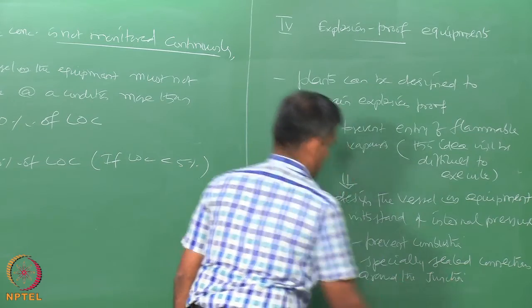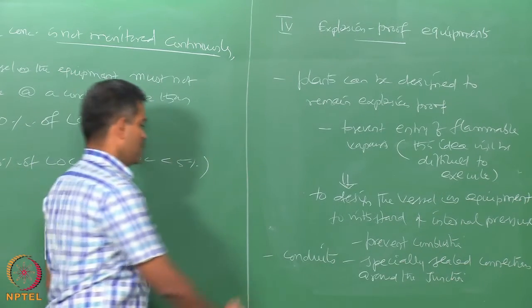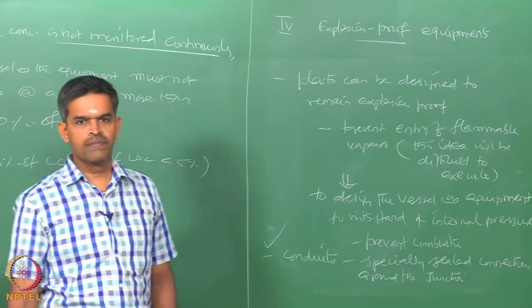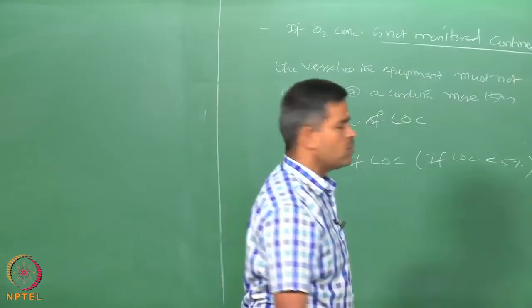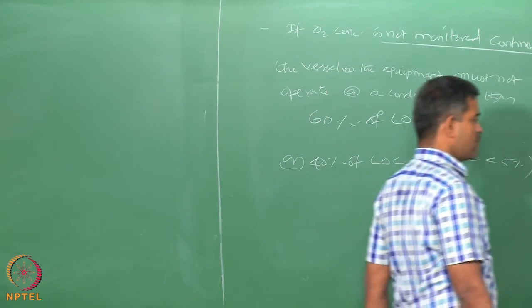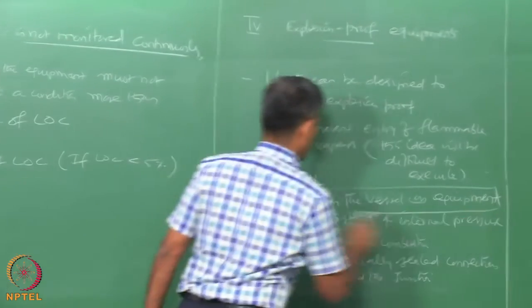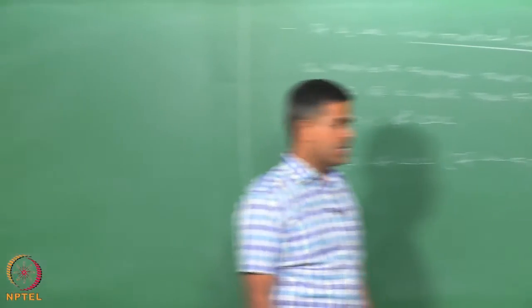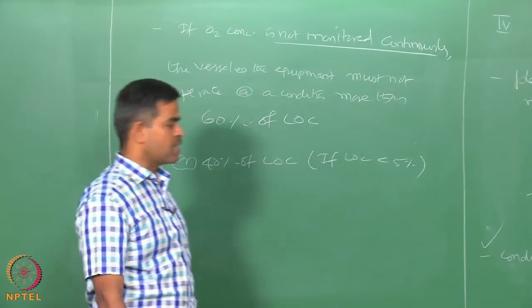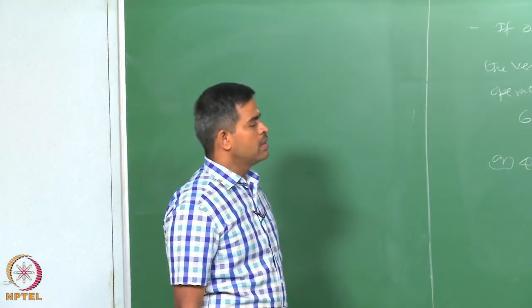Such conduits are generally classified as explosion proof equipment. So, as you know, when you need to design the vessel or equipment to make it explosion proof, or to withstand high internal pressure, the combustion cannot develop.